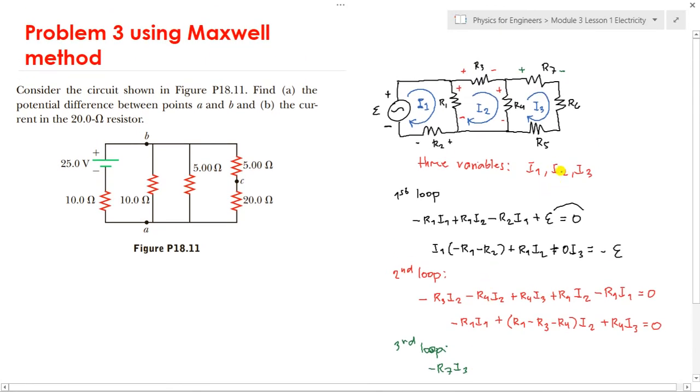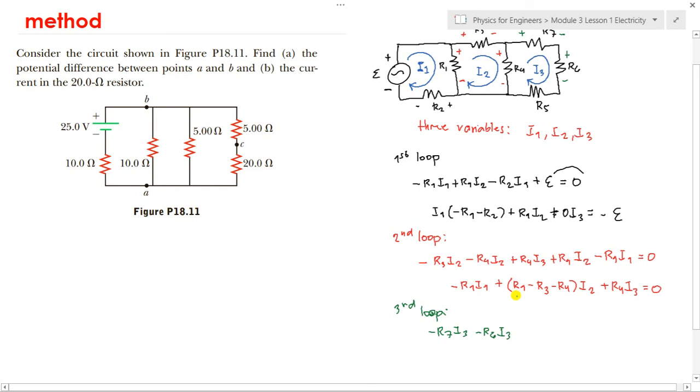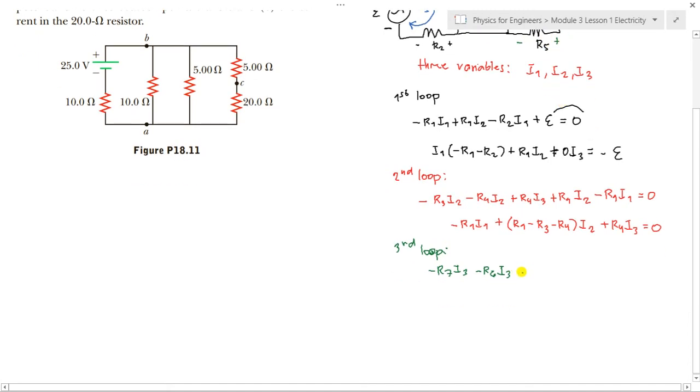Next, for R6, wala na ilang interact, only I3, and this is positive and negative terminal, we have voltage drop again, so that would be negative R6 I3. Next, for R5, still I3 gihapon, wala na ilain, and since this is the positive terminal and negative, therefore that would be voltage drop, so that is minus R5 I3.